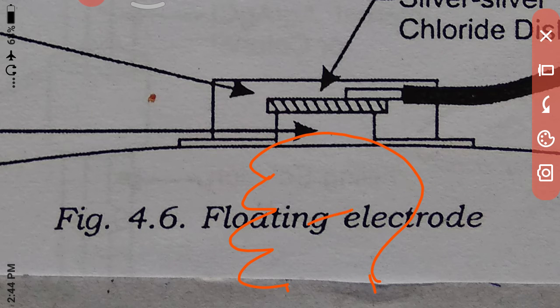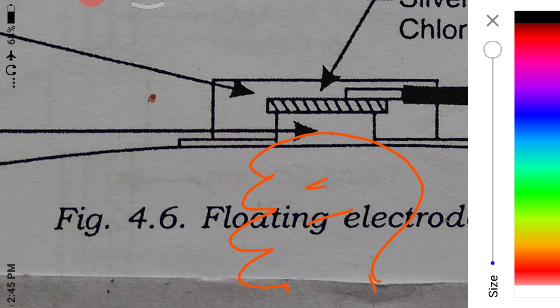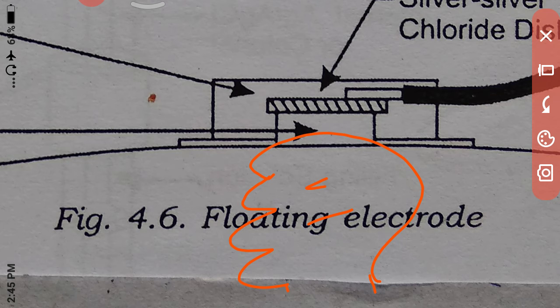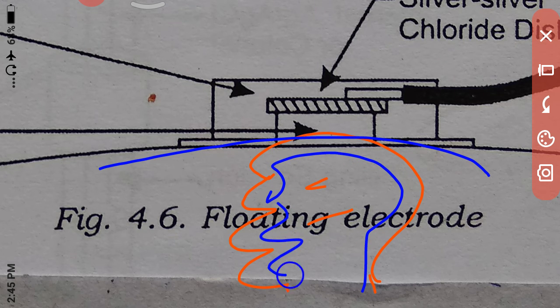To interface, the part above is your electrode part, below this is your human brain interface, and the remaining parts are your eyes and nose. This is your interfacing. The floating electrode is suitable for the measurement of human brain potential as well as heart potentials.